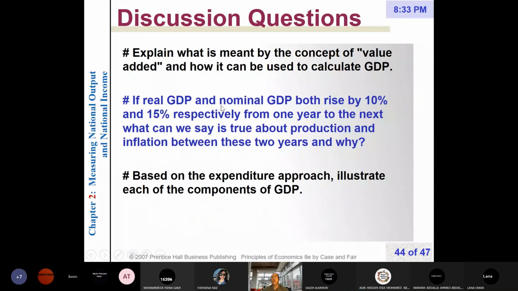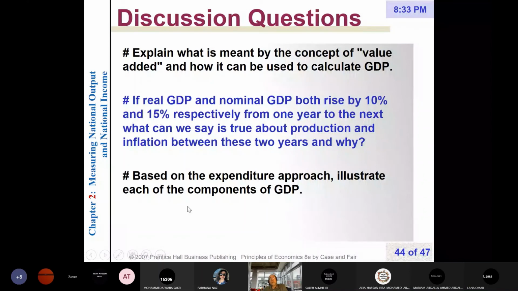Real GDP grows by 10% while nominal GDP grows by 15%. So nominal grows faster because of the increase in prices. The difference between them is about 5%, which is an indication of inflation, an increase in prices.